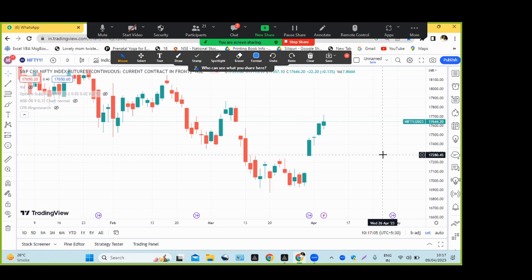If you are trading on a 1 minute candle, that is considered scalping. The system will be the same, but you must be very, very fast. If I am not exiting at this level and the market turns back within a minute, I have to exit. If I am not exiting, then I am killed.